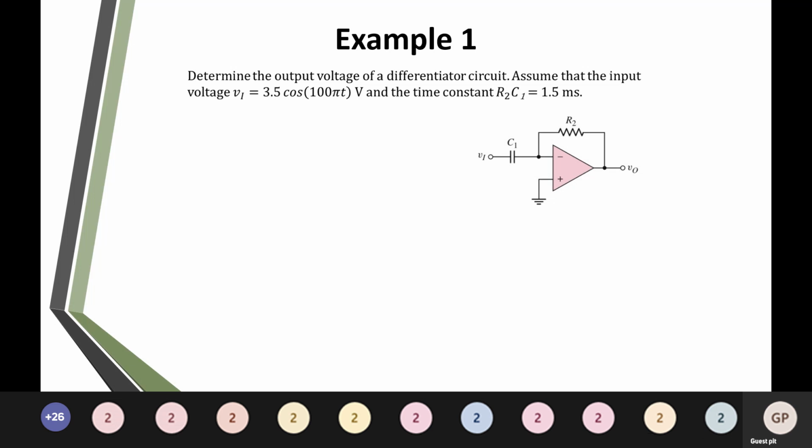It is very simple. Just substitute, simplify, and find out the answer.